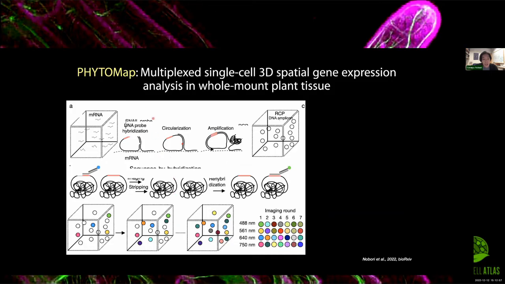I don't know how you see the panel. Something funny is going on, but I hope it's not too distracting. So the first step is to fix your tissue, the whole mount tissue, so you don't have to worry about gene expression changes in downstream processes. And then the next important step is you replace all the targeted mRNAs with DNA probes.